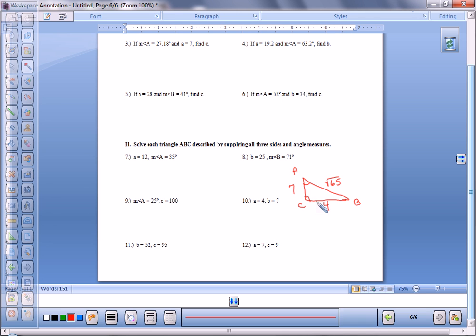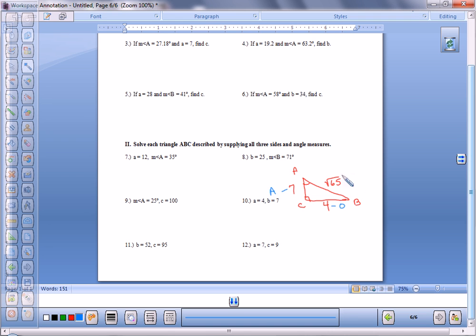All right. So we're going to set this up with regards to A because we picked A. You get to pick. So I'm going to label my sides with regard to angle A. 4 is the opposite. 7 is the adjacent. Now, I'm not going to choose the hypotenuse because what if I added incorrectly?